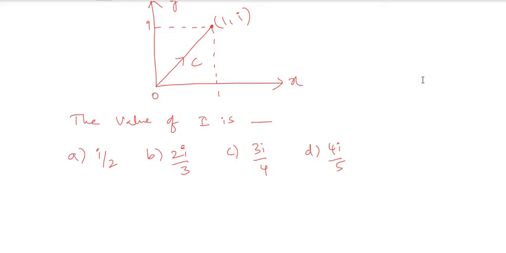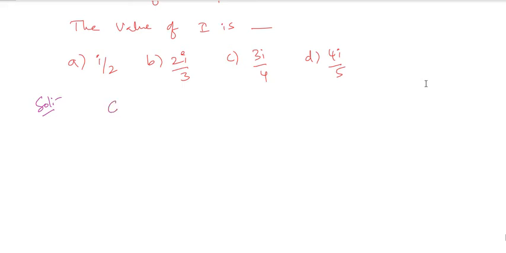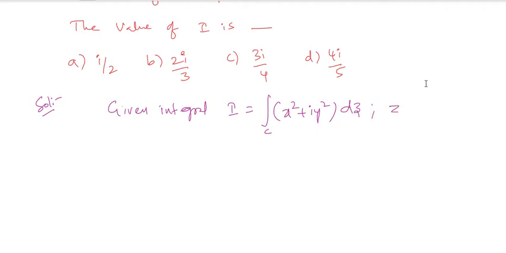This is the question, so try to understand this question properly. The given integral is capital I, which is integral over C of x square plus i into y square dz, where z is equivalent to x plus iy.